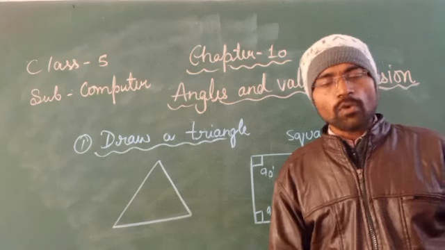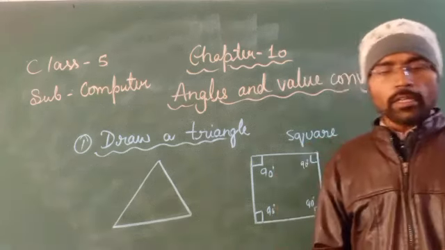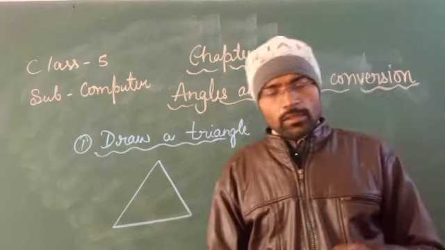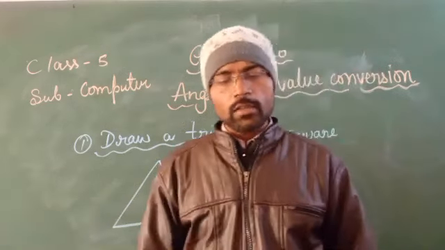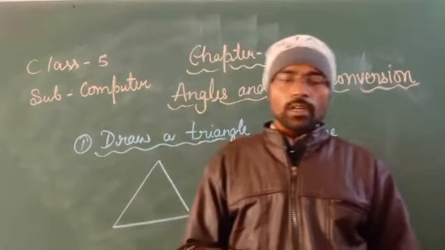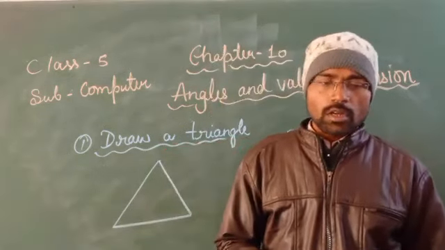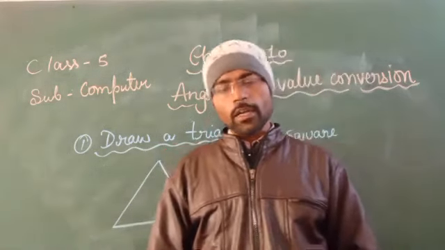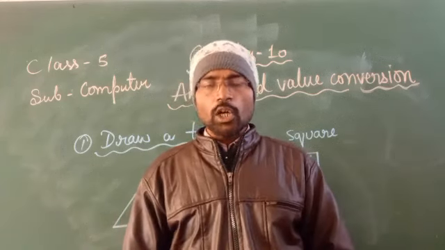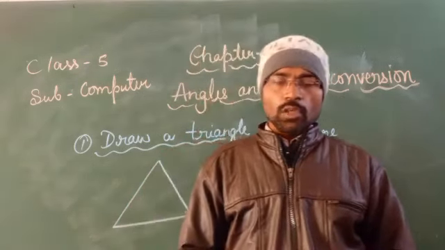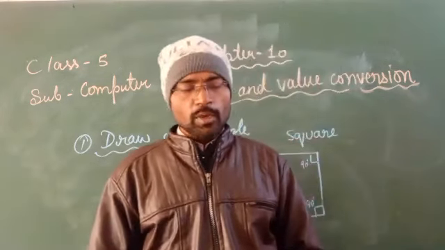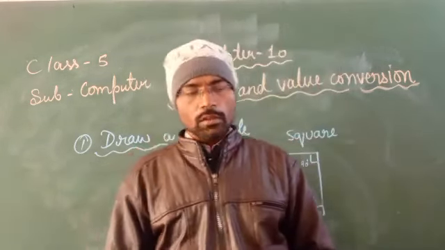Okay, students, a square is a four-sided polygon which has all its sides equal in length, and the measure of each angle is 90 degrees. To draw a square in AI Connect, do the following coding and click on the run button. You can see the coding in the figure, page number 114.